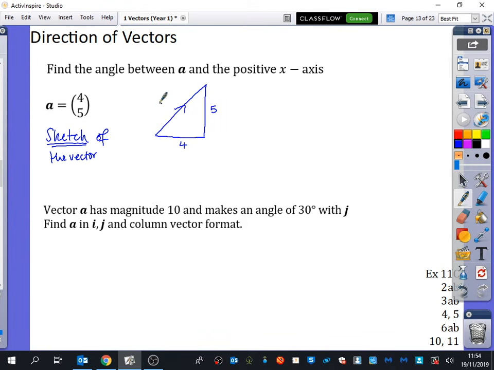So this is our vector A that we have over here. It's moving 4 along and it's moving 5 up. That's coming from those instructions that we've got there. And it wants us to find out the angle it makes with the positive x-axis. Well, the positive x-axis, we know, runs along like that, doesn't it? So the angle that it's actually asking for us to find is this angle here.